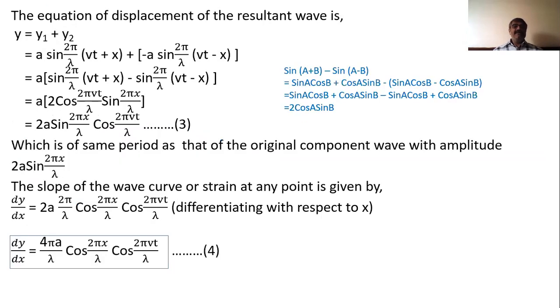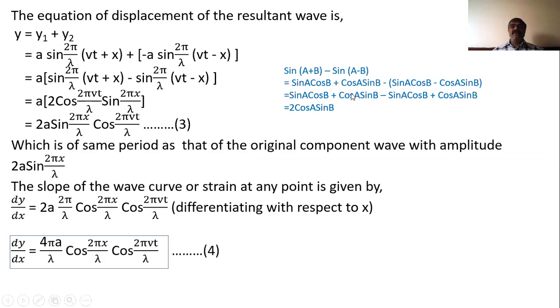Now, let us treat it mathematically. What will be the resultant displacement? That will be y equal to y1 plus y2. So this is y1 and this is y2. If we solve this equation, it will be simply sine(A plus B) minus sine(A minus B).